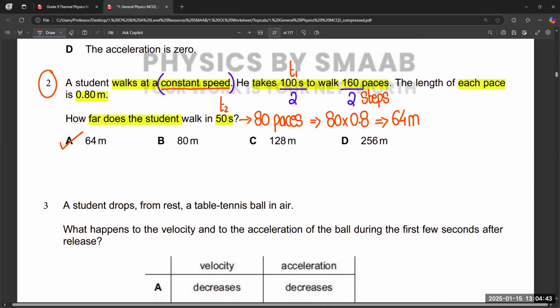How far does the student walk in 50 seconds? So they are asking how far the student walks. It means, what is the distance covered by the student in 50 seconds?